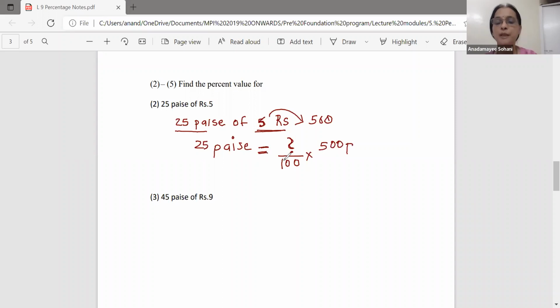This is multiplication, so I can do 100 ones are 100, 100 fives are 500. So 25 is equal to, now this I can take as x into 5. So x will be 25 upon 5. That is 5. That means 25 paise is 5% of 5 rupees.